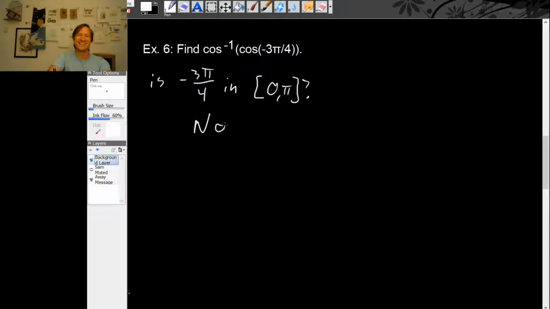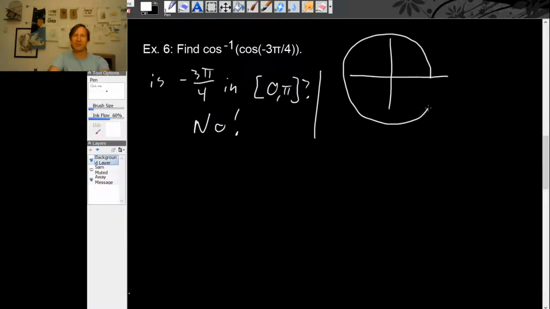No, it's not. So we can't just cross out the inverse cosine and cosine here. We have to evaluate this step by step. So let's do that using the most important diagram, because that's the only trick I know.